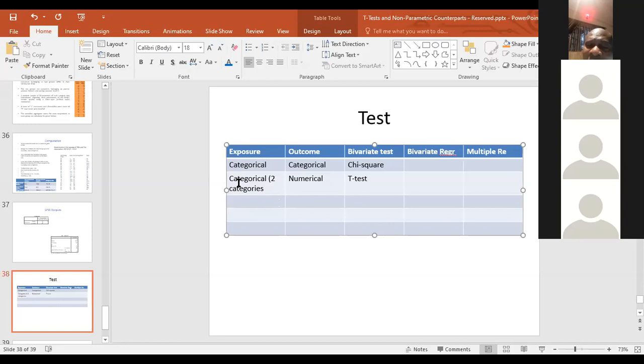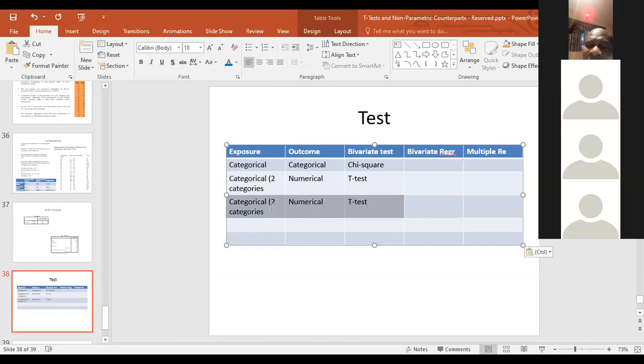The reason I'm separating is that categories can be more than two, but the same logic applies. When we have greater than or equal to three categories, we are talking of ANOVA, analysis of variance.